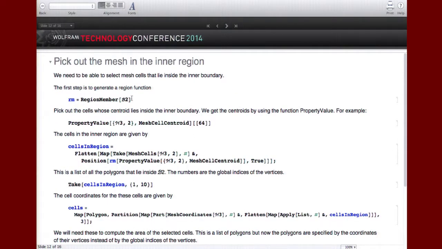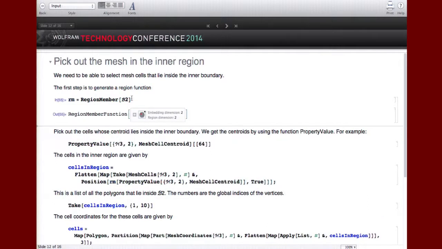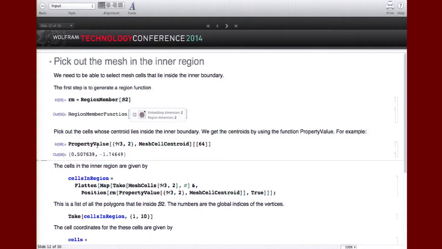And I need to be able to pick out the mesh cells that are in the inner boundary because they're going to have a potential on them. So I'll generate a region member function, and then I'll simply call you in that region if, for example, the centroid is inside the region. So if you're a triangle, we compute your centroid.